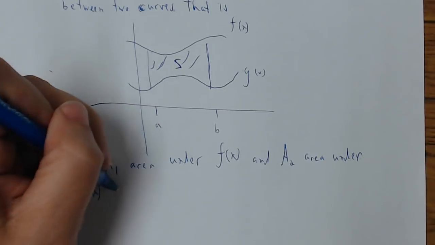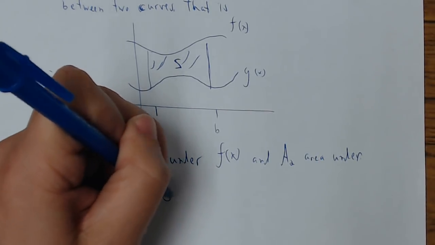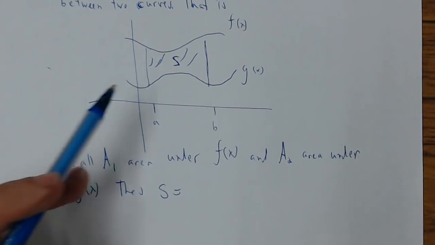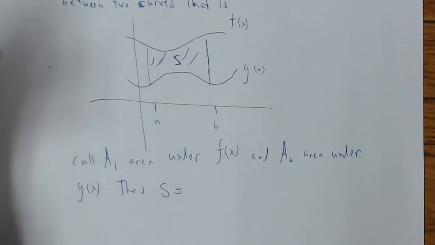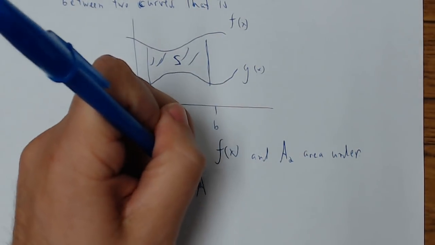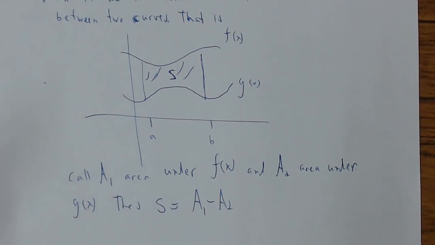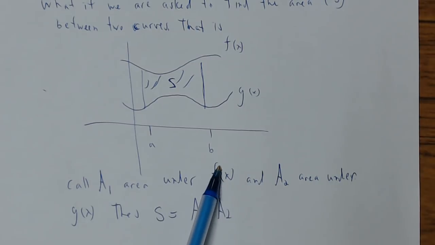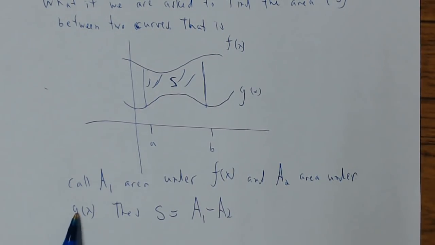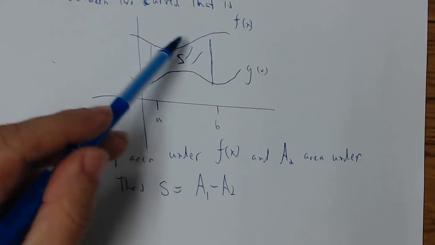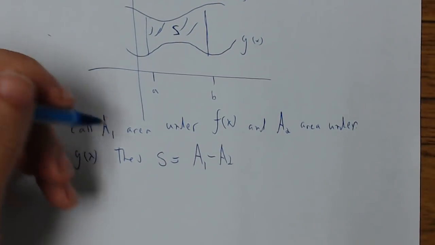Then the area of the region S could be expressed as A sub 1 minus A sub 2. The good news is, from chapter 5, we can find the area under the curve of f, which is A1, and the area under the curve of g, which is A2. And so we can now define the area between the curves as the following.